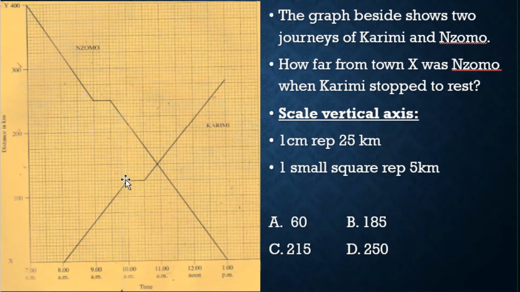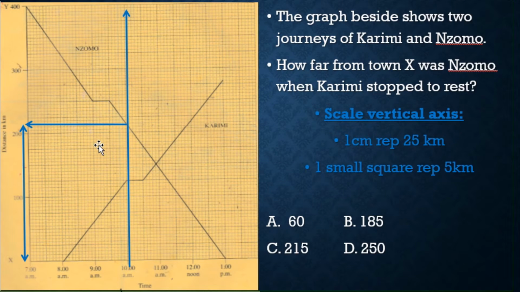So at this point, where the cursor now is, that is the time Karimi stopped to rest. If you want to know where Zomo was at that time, in the next page I'm going to explain how to draw lines that will help you know where Zomo was and how far he was from town X.